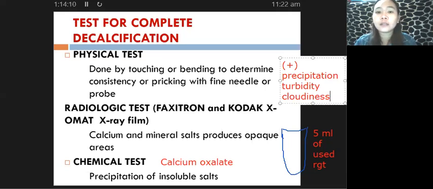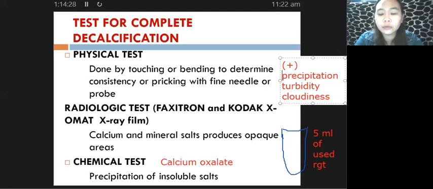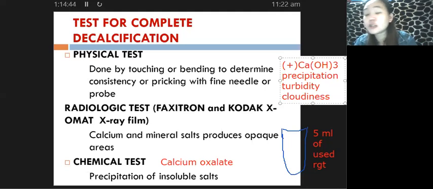The precipitation, turbidity, or cloudiness in your solution after alkalinization is due to the presence of the substance calcium hydroxide, Ca(OH)2.